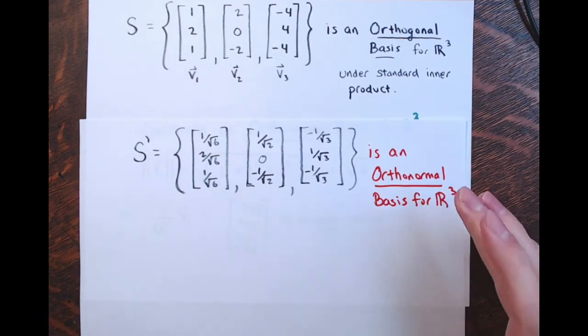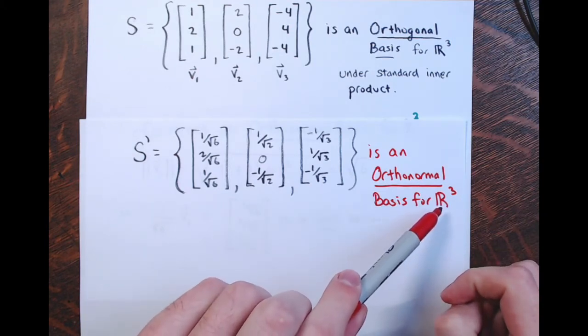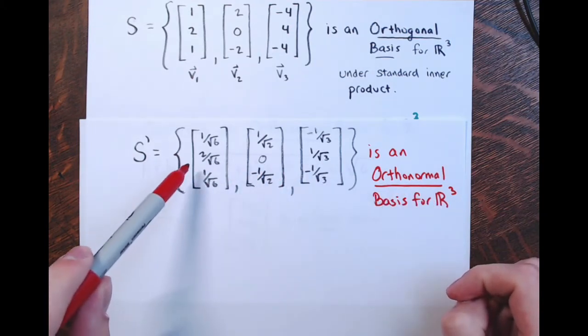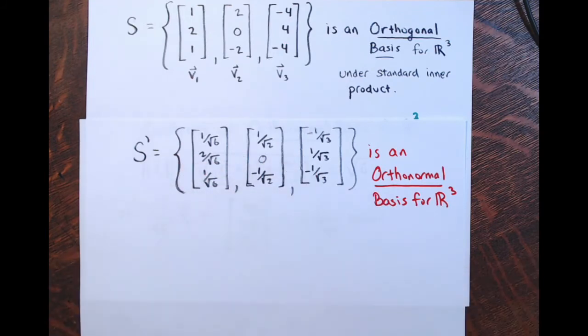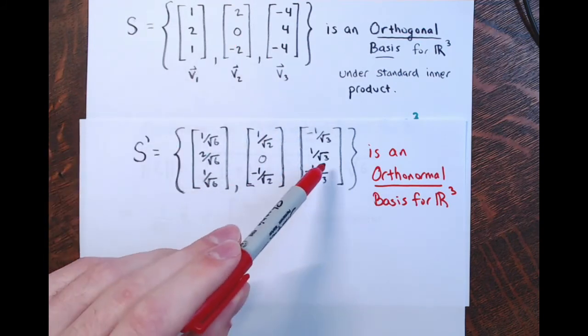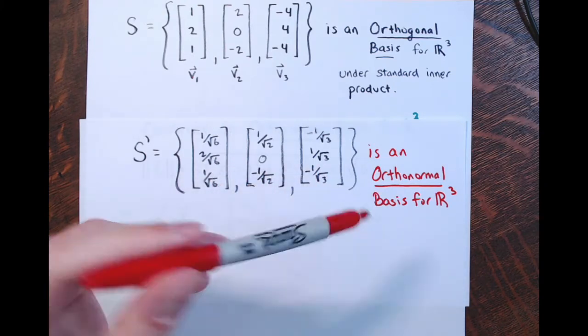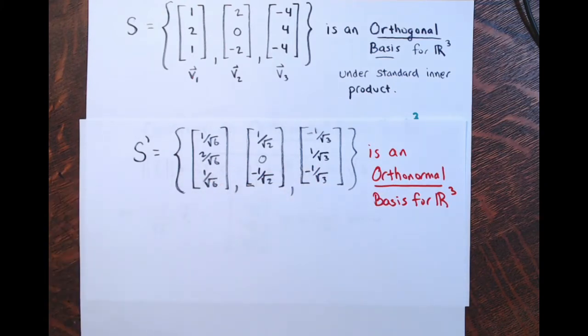And again, what this means is that if you take any vector in R3, it can be written as a linear combination of these three vectors. And since this is an orthogonal set, these vectors are independent. So we have a basis for R3 of vectors that also form an orthonormal set, all unit vectors that are orthogonal.